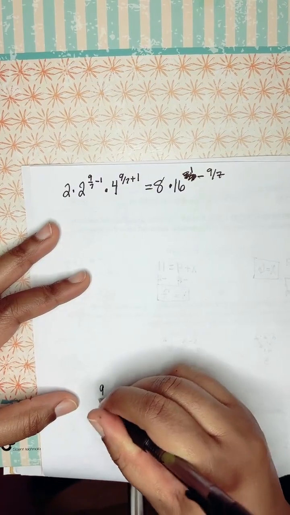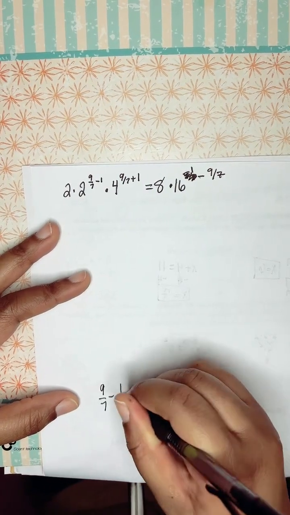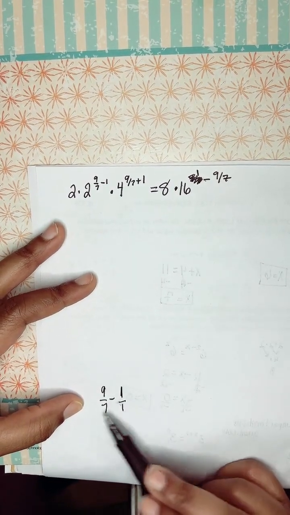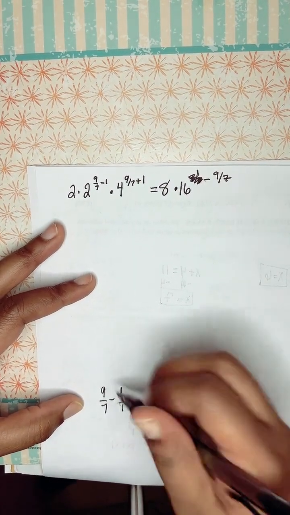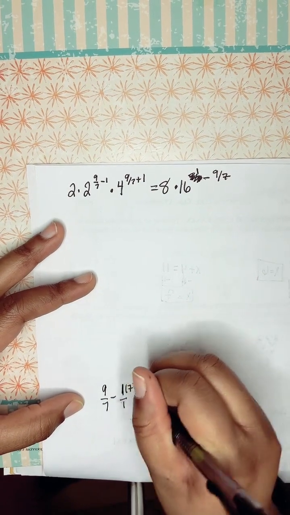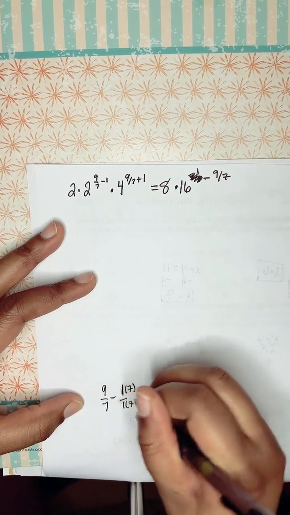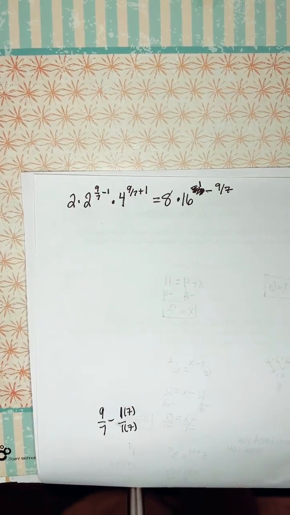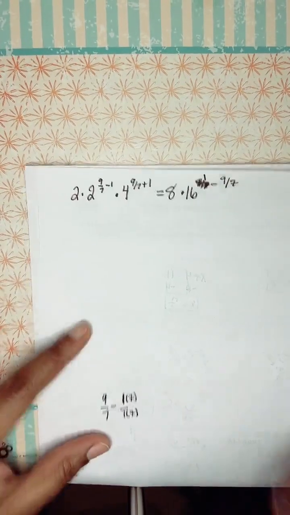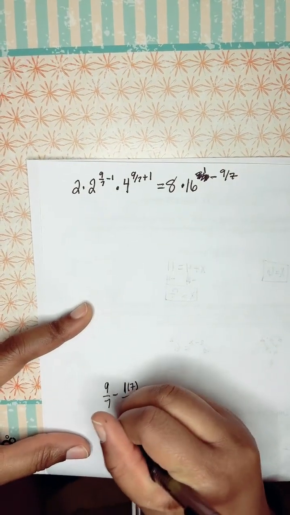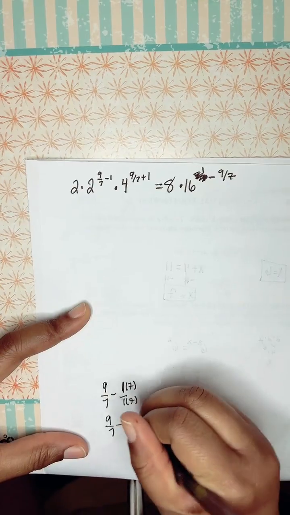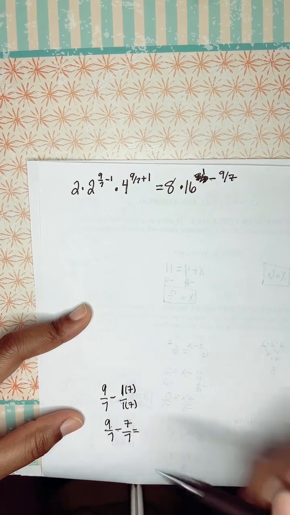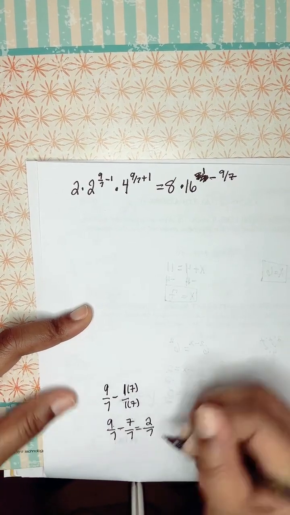So let's do a little side work down here. When you're doing 9/7 minus 1 over 1, remember, you have to have the same denominator whenever you're subtracting fractions. So if we multiply this by 7 over 7, then we'll get 9/7 minus 7 over 7. So 9 minus 7 is 2/7.